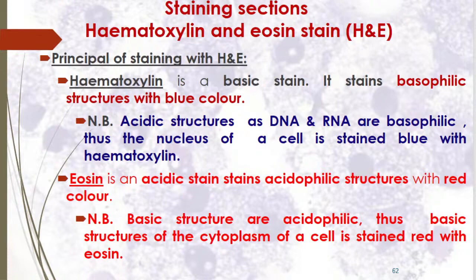What about acidic structures? Acidic structures are ordinary DNA, deoxyribonucleic acid, and ribonucleic acid, which you know from the biology course, and in biochemistry you will study more. Nucleic acids are identified with basophilic stain. That is, they have joint affinity with hematoxylin. So hematoxylin is alkaline in nature and joins very well with DNA and RNA.